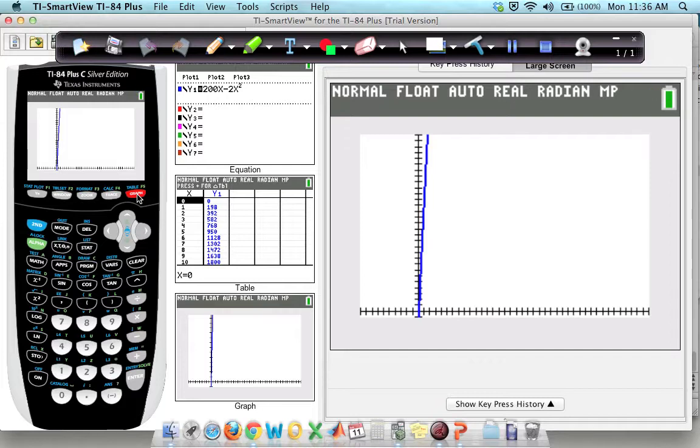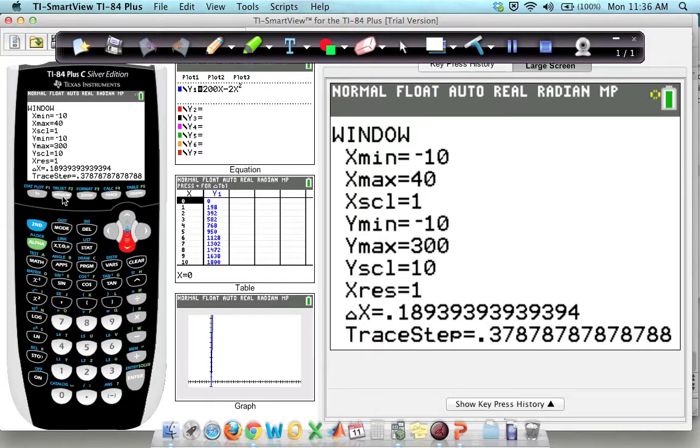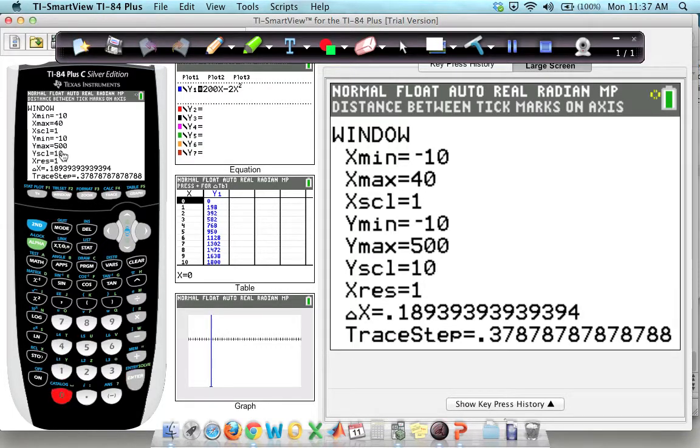So I'm still not seeing the top of the graph. So let's go to Y max. I type in 500. Okay, so I'm going to change it to 500, and then I'm going to change my scale to 100 and hit graph.